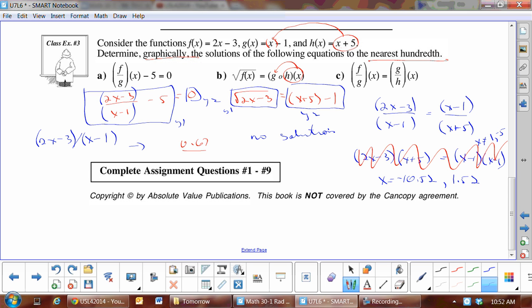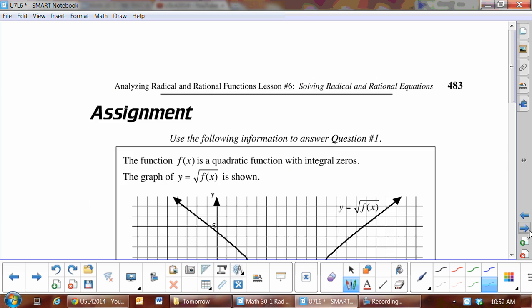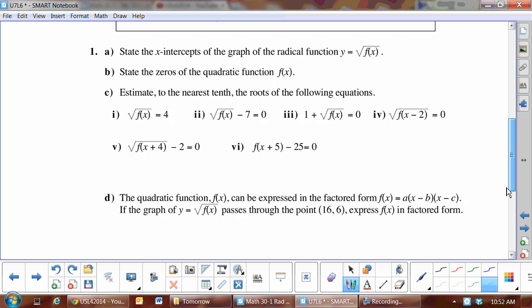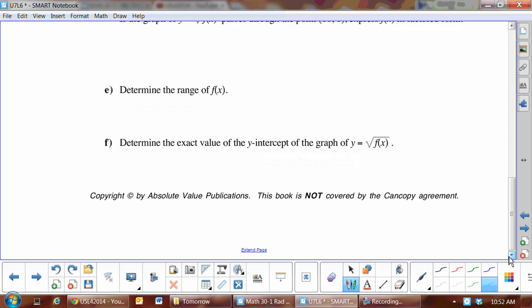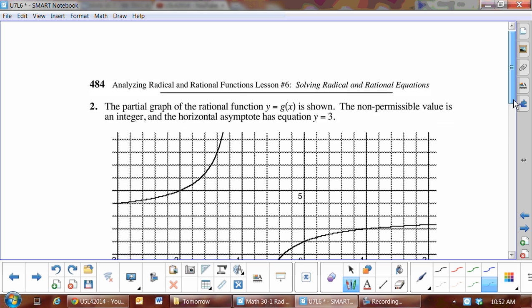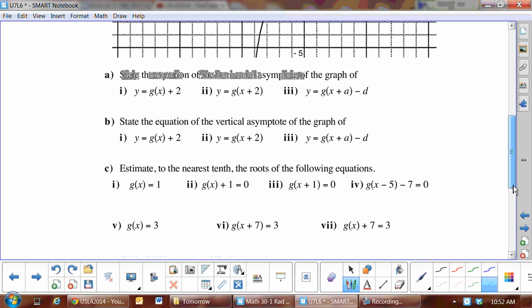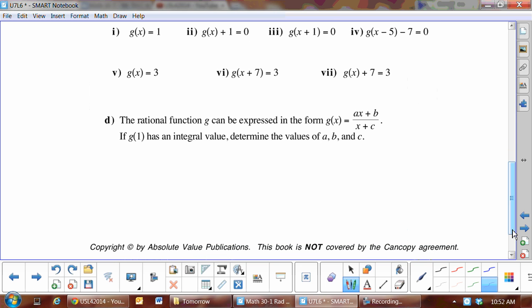Okay. Now we're doing 1 to 9. Okay, so I'm just scrolling through the homework quick because I want to make a comment. That question 2D, in my opinion, is the best question in the homework.